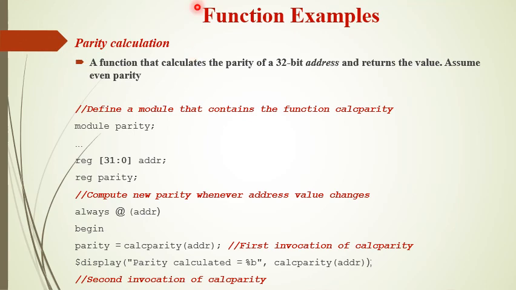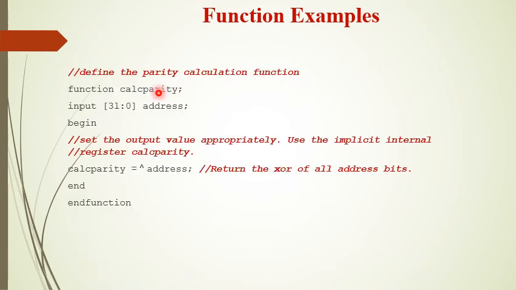So we'll see next the function itself, that is the calc parity function. As you have seen, the function is defined between the function and endfunction keywords. The first line will be function followed by the name of the function, calc parity, and a semicolon. We are passing one argument to that, which is nothing but input 32 bit, that is 31 down to 0, address.